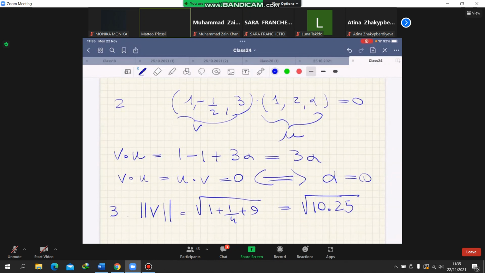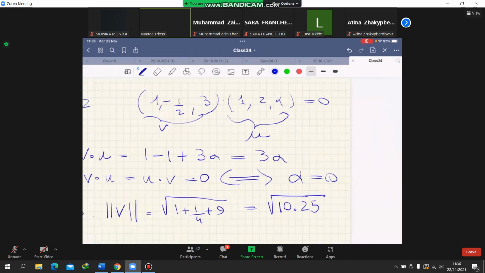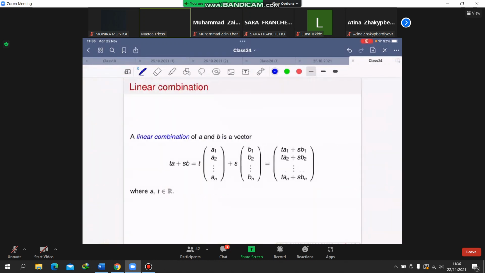Actually, those operations are the ones that give Rn the structure of a vector space, what is called a vector space: sum and multiplication by a scalar, or by a real number.